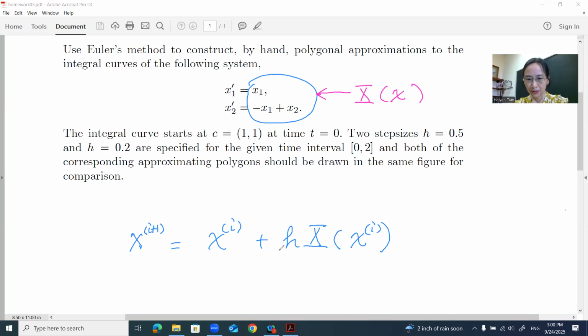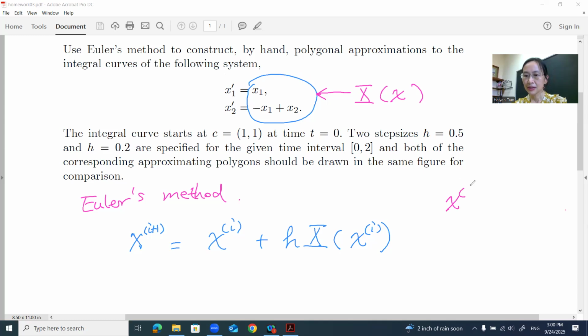So this is Euler's method for solving our system of two equations. And just to be aware of the meaning of the notation.